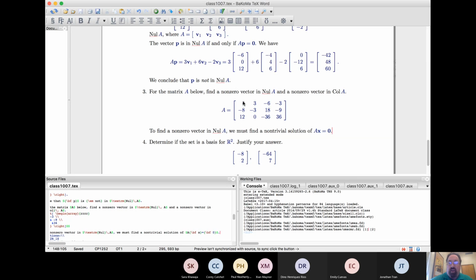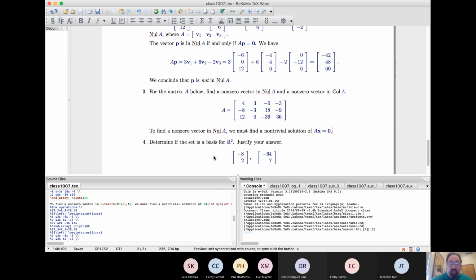Actually, we know we are going to have free variables because we have only 3 rows and 4 columns. Anytime you have more columns than rows, you can't have a pivot position in every column. It's not possible, so you're going to have at least one free variable, and we can use that to get a non-zero solution. So we know it exists, but we still have to find it.